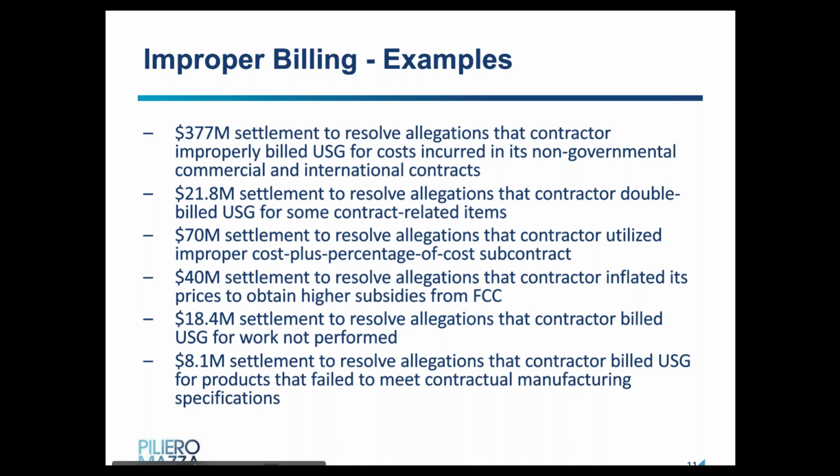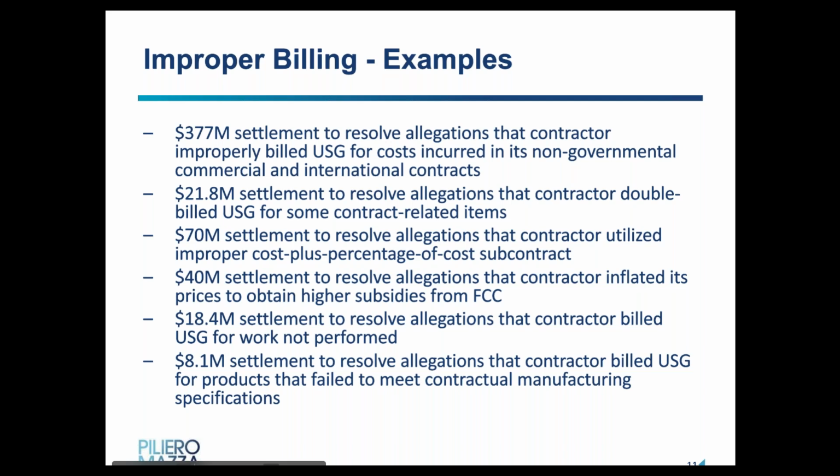And the prime ended up entering into a subcontract with a company that was another subsidiary of the same parent company to provide the parts as a vendor. But under that subcontract, the sub would mark up the parts by 32% of whatever the cost was, making it a cost-plus-percentage-of-cost subcontract. And the prime went ahead and billed that to the government for the total quote from the sub, including the markup, which wasn't allowable.